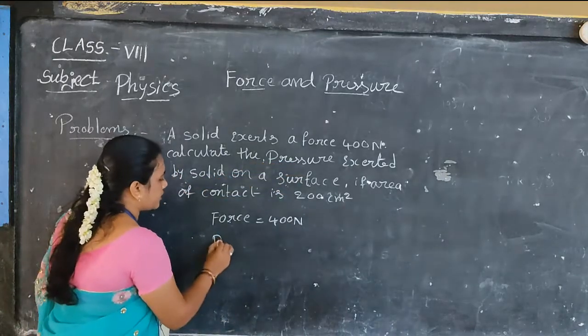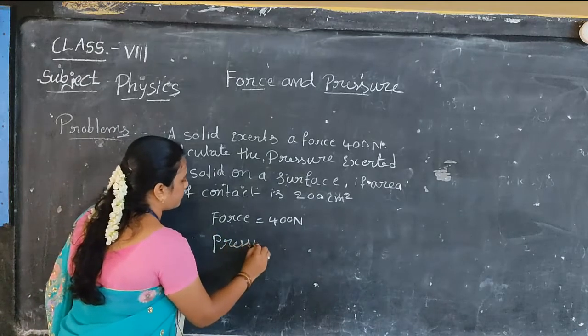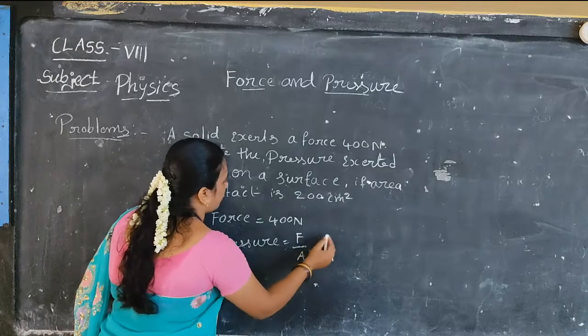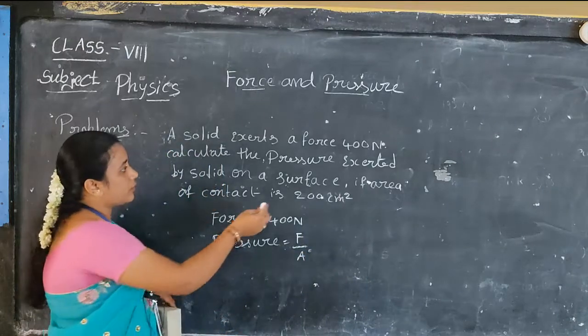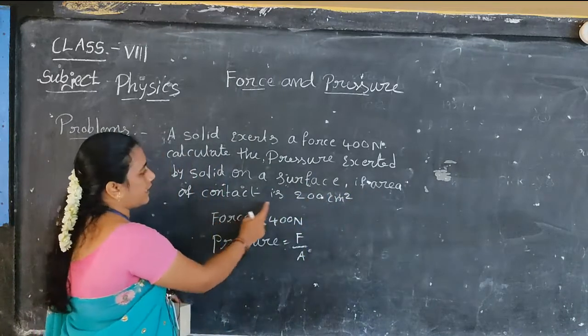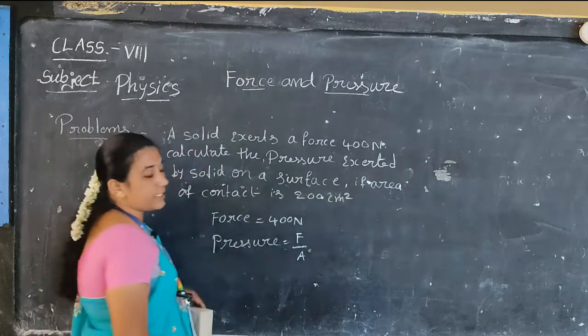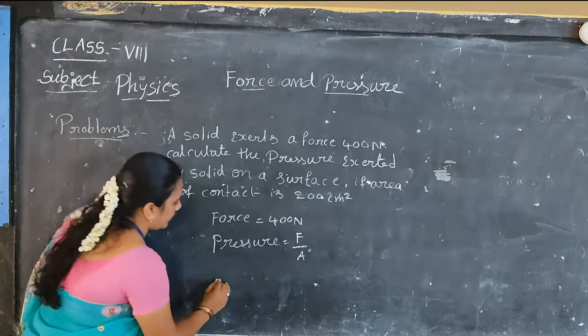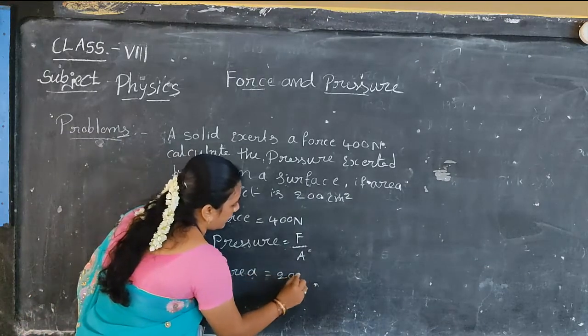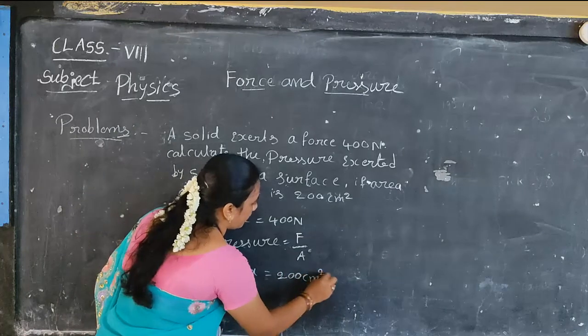So pressure P is equal to F by A. They have not given any value yet. Next, the area of contact is 200 centimeter square, so area is equal to 200 centimeter square.